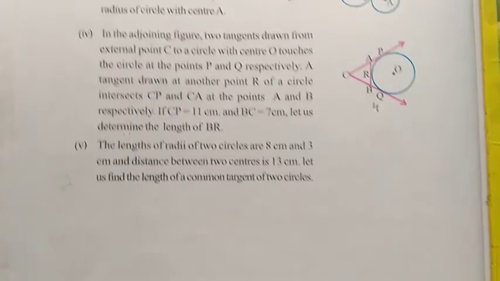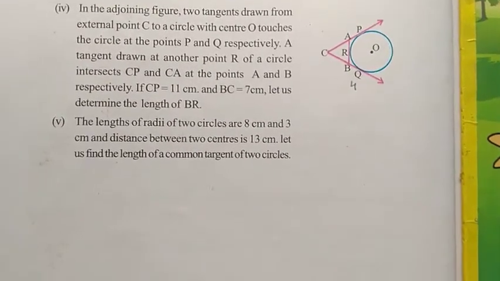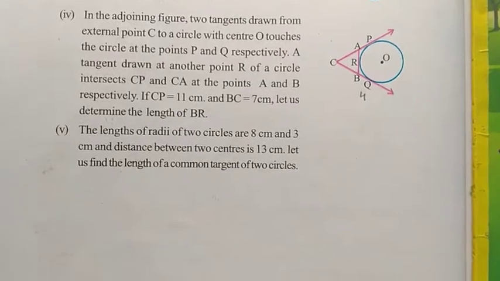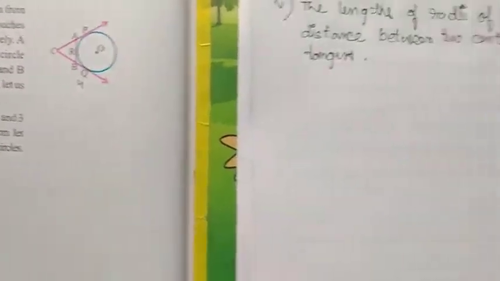This is sum number 5. The lengths of the radius of two circles are 8 centimeter and 3 centimeter, and distance between two centers is 13 centimeter. Let us find the length of a common tangent of two circles. Very important sum.